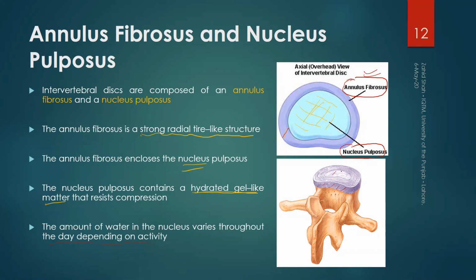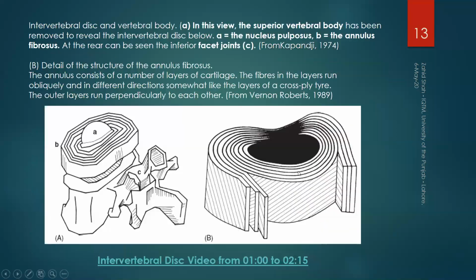So this one is the nucleus, but what is outside is the annulus, with layers one inside the other, and each layer is composed of different fibers. And of course, there are different processes for attachment of muscles and ligaments, and this whole for your spinal cord and nerve roots.